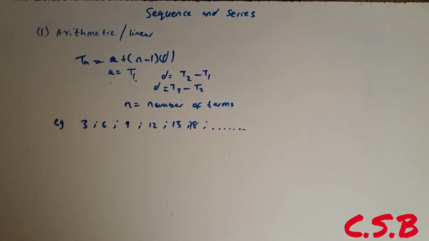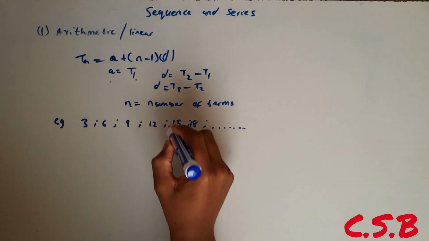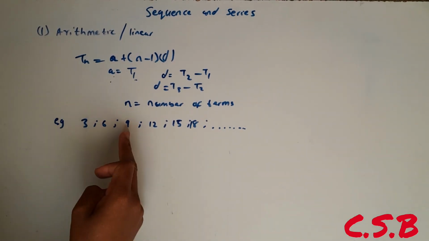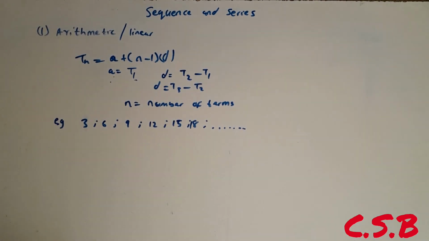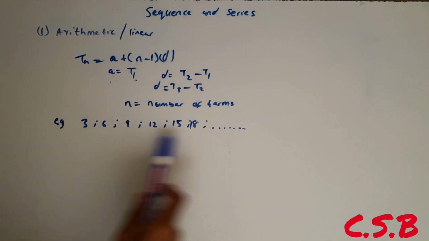For an example, here is a sequence I just formulated: 3, 6, 9, 12, 15, 18. Then there's a question that says, find the equation of this sequence.